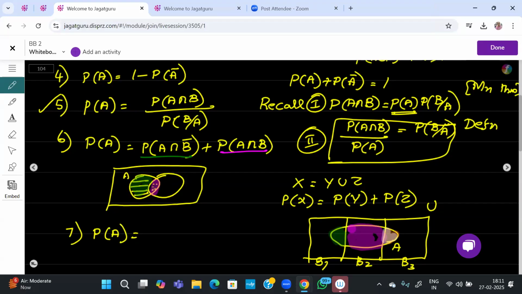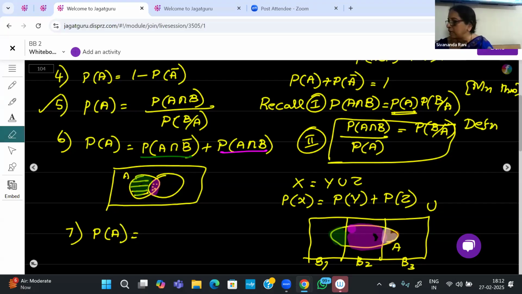P of A by B1. It is the green portion. Isha, green is occurring in A as well as B1, right?